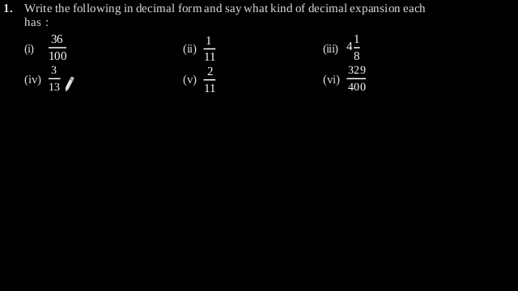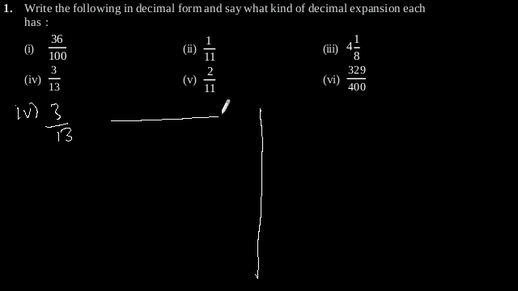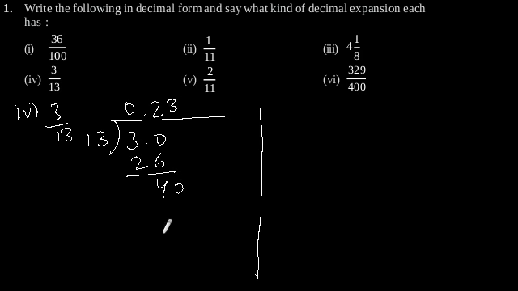Next is part 4, that is 3 by 13. So let's solve for 3 by 13. 0. 13 into 2, 26. 4. 13 into 3, 39. 1, 0.